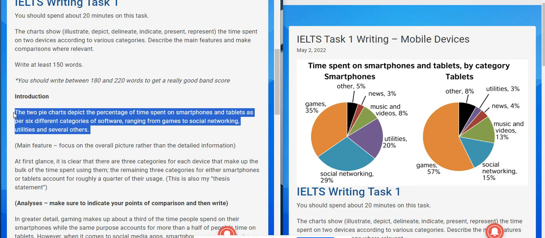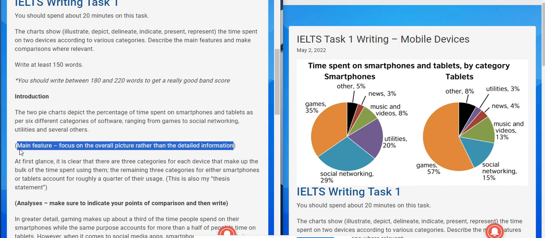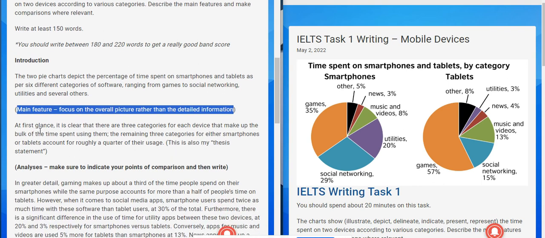This is your main point for understanding how to write the introduction. Then moving forward, the main features focus on the overall picture rather than detailed information. I hope you get this point very clearly. Then, at first glance, it is clear that there are three categories for each device that make up the bulk of time spent using them.